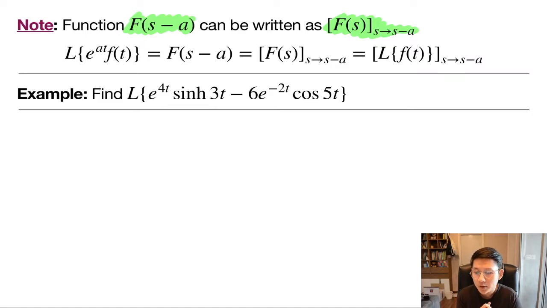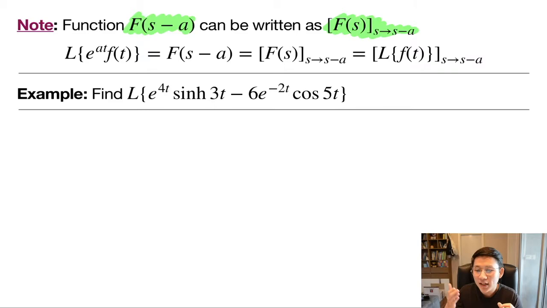So the Laplace transform of e to the at f(t) is going to be F of s minus a from the theorem, and F(s) is actually the Laplace transform of f(t). And that will be a lot easier.